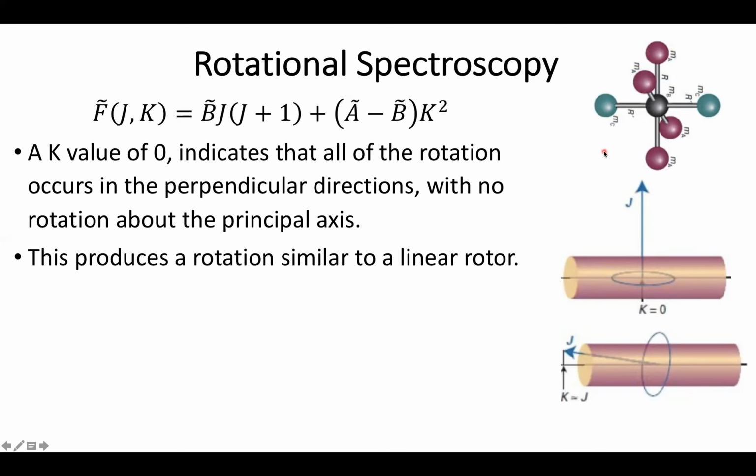It's worth noting that this is going to be fairly similar to a linear rotor. So if all of my movement is essentially tumbling with the C, this is essentially the same thing as having a linear rotor. I've got no rolling action. I'm just simply tumbling. Now, one of the reasons why this is allowable is I'm not saying which direction I'm tumbling in. I could be tumbling along this axis.